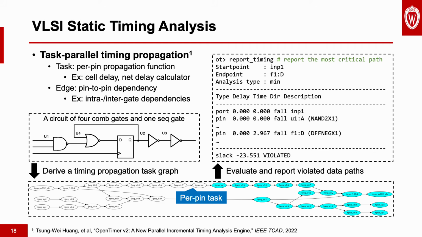For a given circuit, we use Taskflow to derive a timing propagation task graph, where each task represents a per-pin propagation function and each edge represents a pin-to-pin dependency. Then we run Taskflow to evaluate and report violated data paths in parallel.